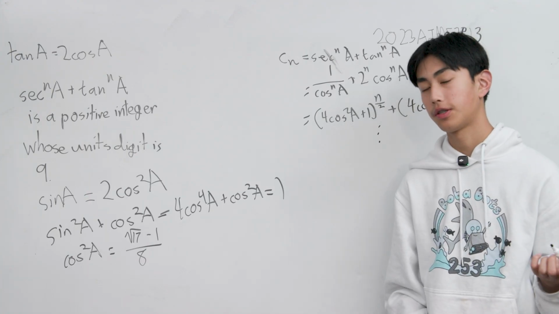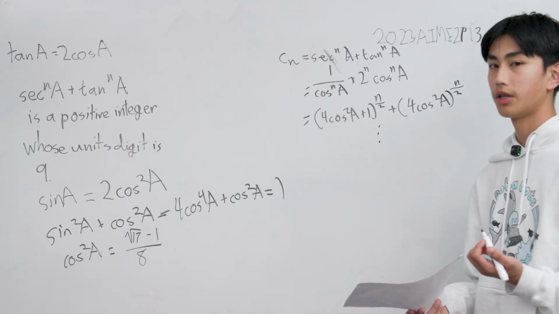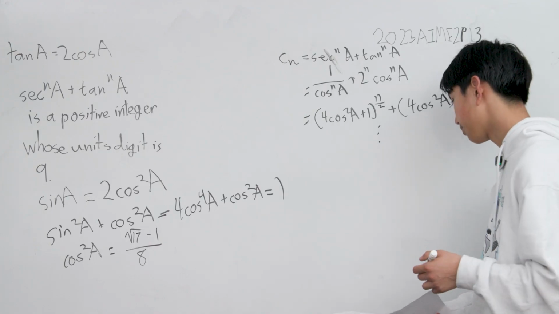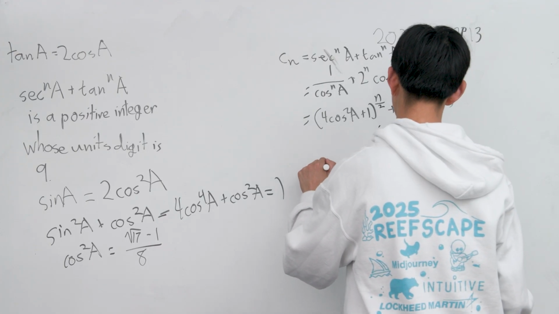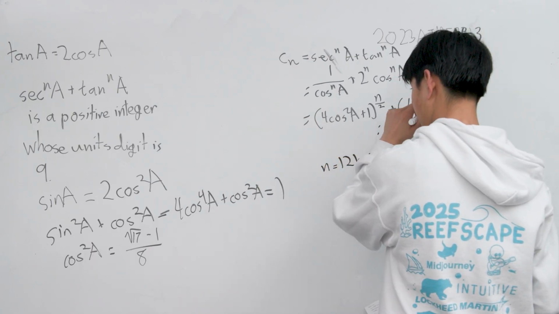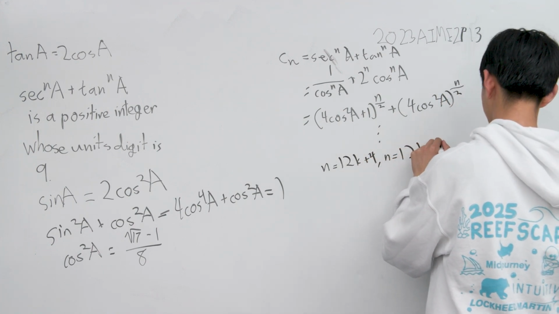This is a long process, so I won't write it out because I don't want to take up all the space. But once you successfully write out all the properties, you will find that n is either equal to 12k plus 4, or n is equal to 12k plus 8.